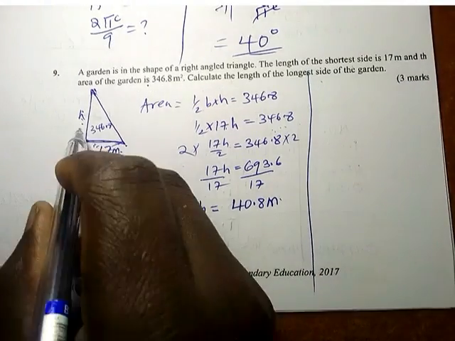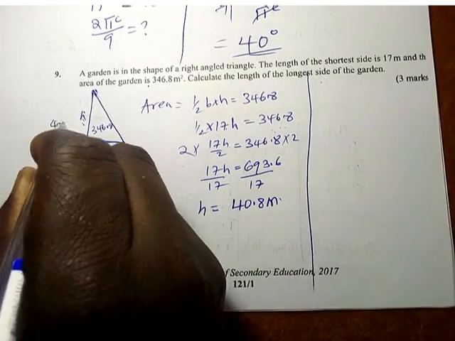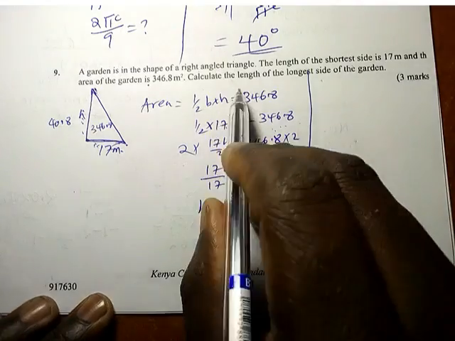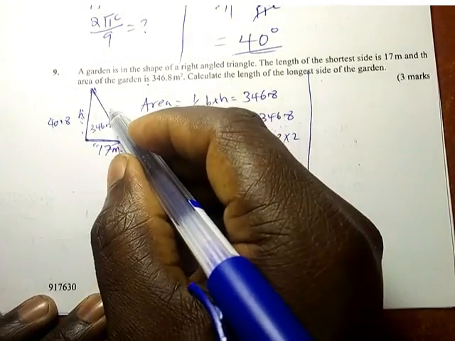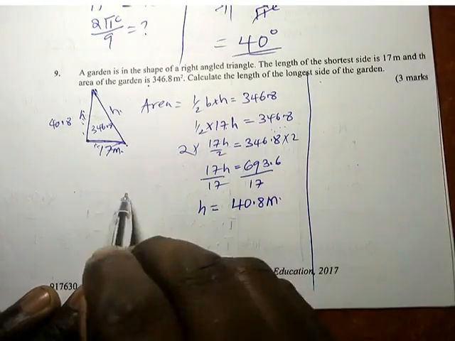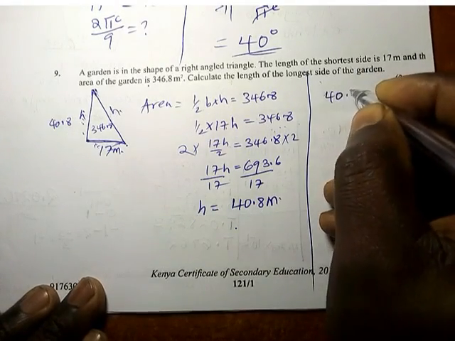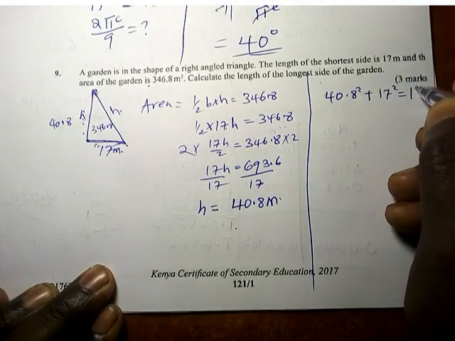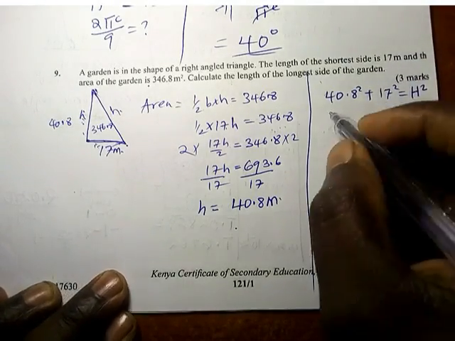So what we have here is the height, which is 40.8 meters. But we are asked to find the longest, that is the hypotenuse here. We are looking for the hypotenuse. So now we have to square 40.8 squared plus 17 squared. We repeat, the hypotenuse squared, right?